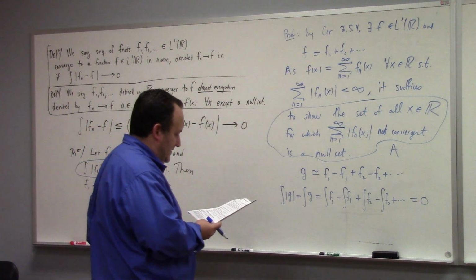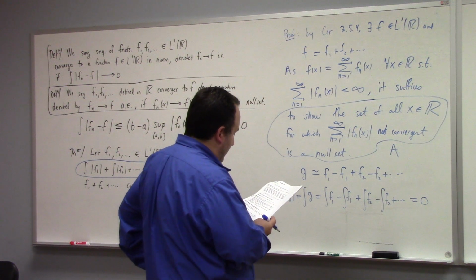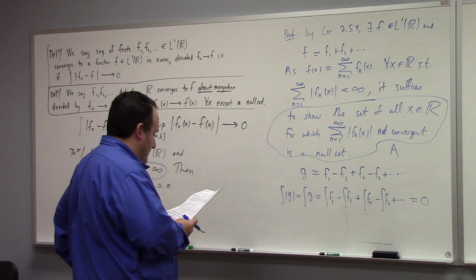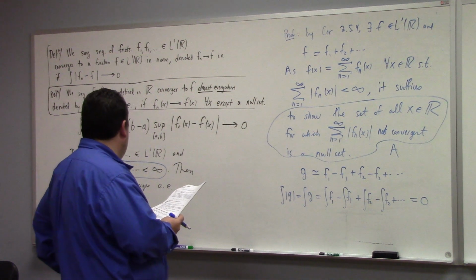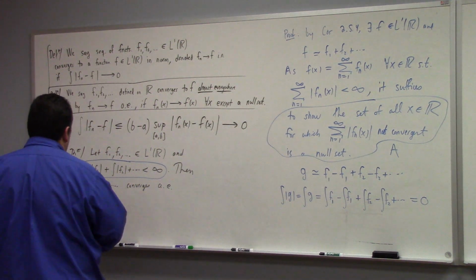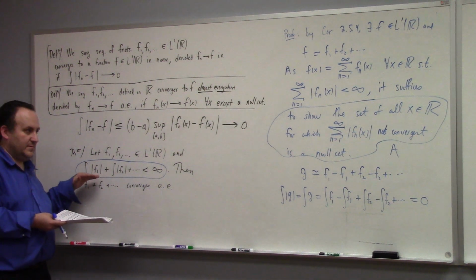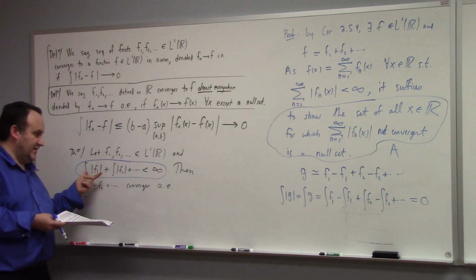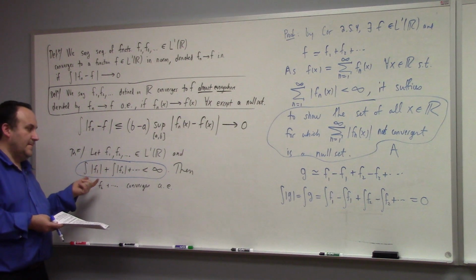I left out the word absolutely there. It is absolutely convergent, is a null set. See, this right here, circled in blue over here, this means that this is absolute convergence of this series of integrals of absolute values of the f's, right?